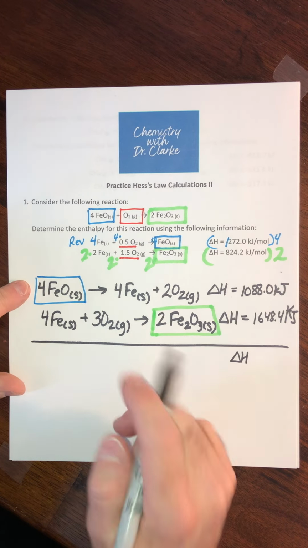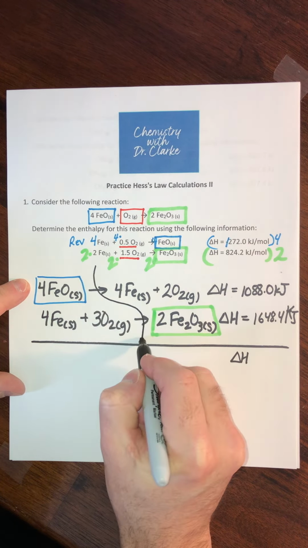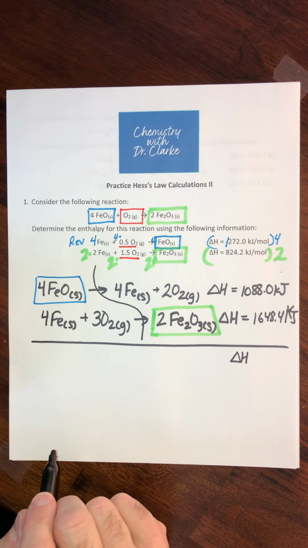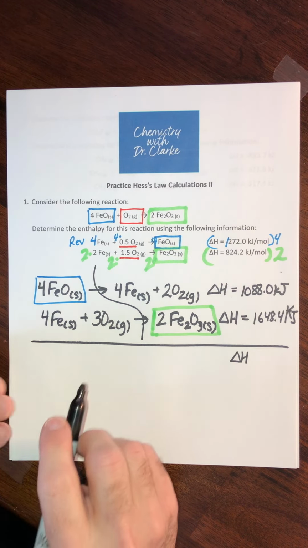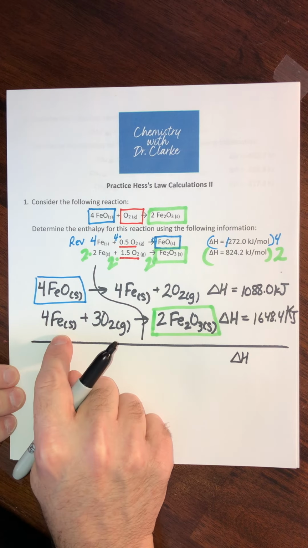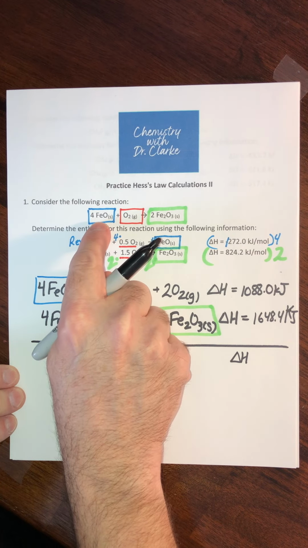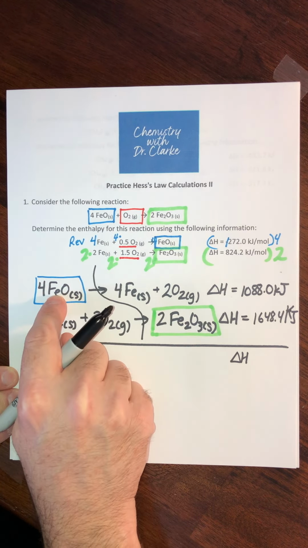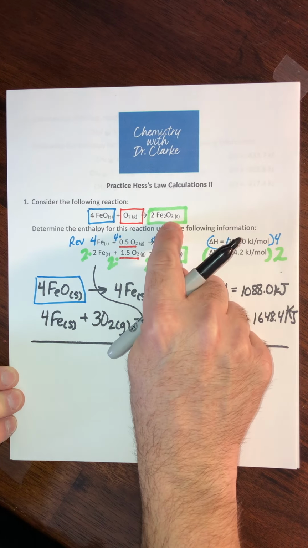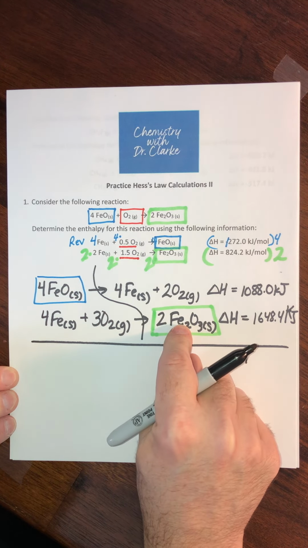Now for this one here, anything that shows up as both a reactant and a product will cancel, and I'm not expecting everything outside of a box to cancel, because the blue box with the FeO, that should stay. The green box with the Fe2O3 should also stay.